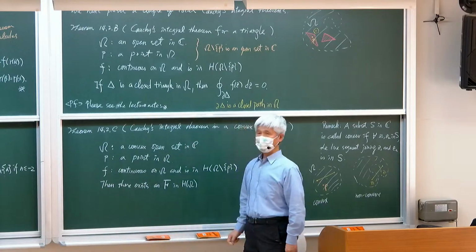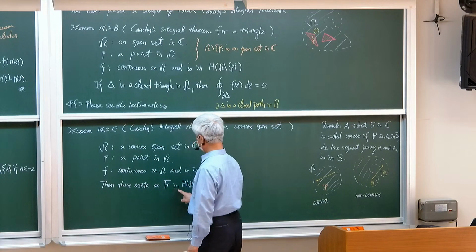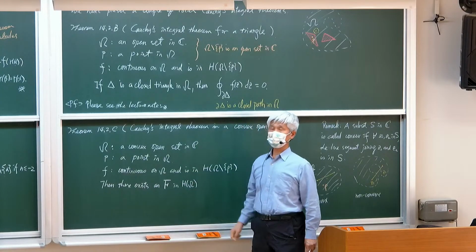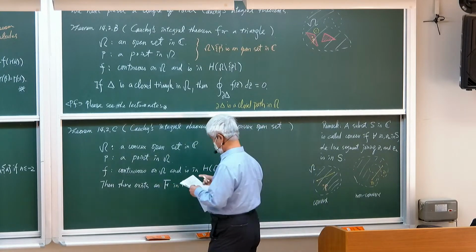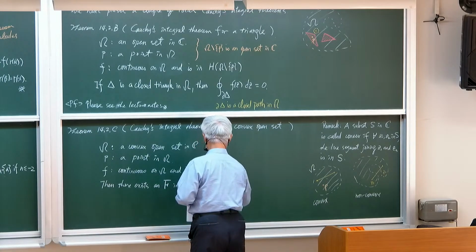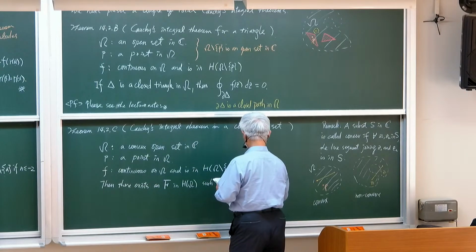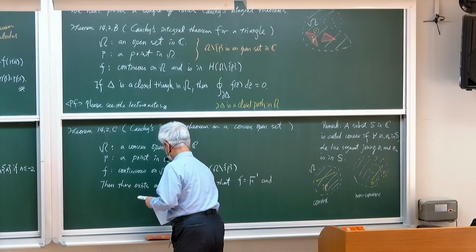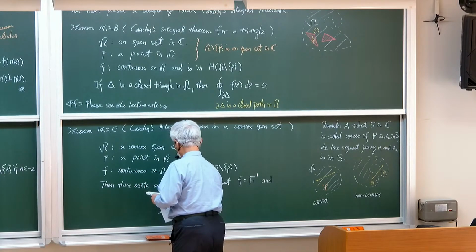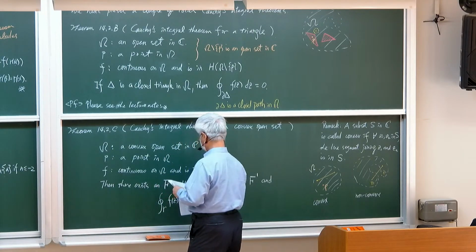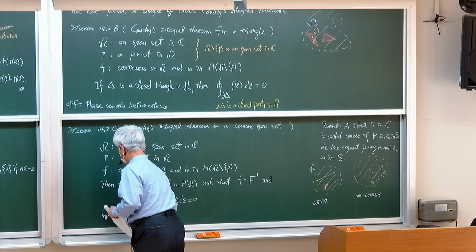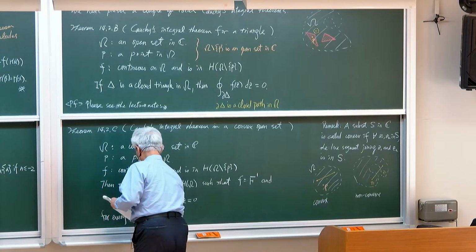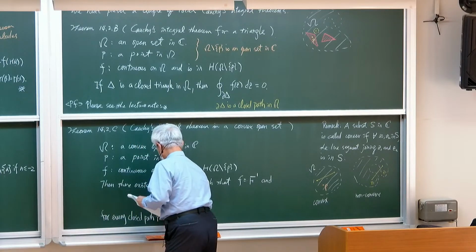So there exists a complex function F, which is analytic on the whole complex open set omega, such that F is just the derivative of capital F, and the line integral is 0 for every closed path gamma in omega.